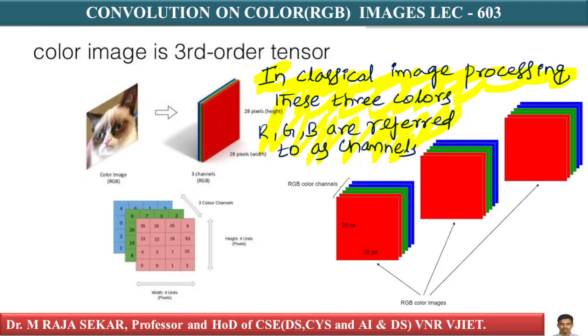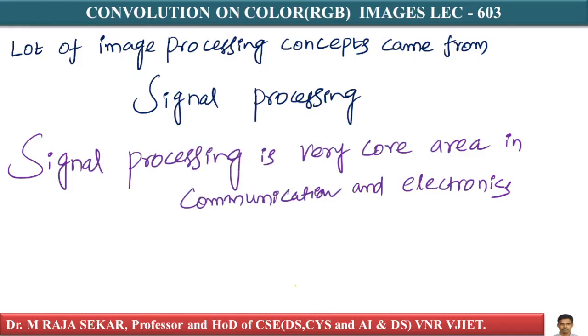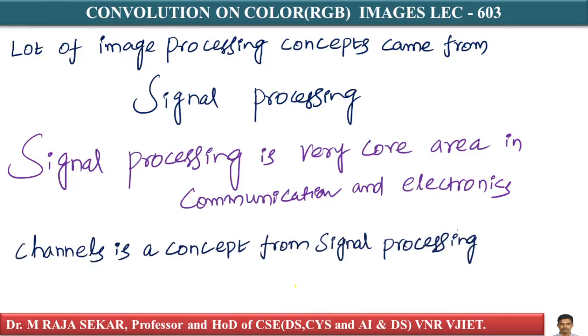As I told you, a lot of image processing concepts came from signal processing, which is a very core area in communication and electronics. So the channel is a concept borrowed from signal processing, and RGB are called three channels.